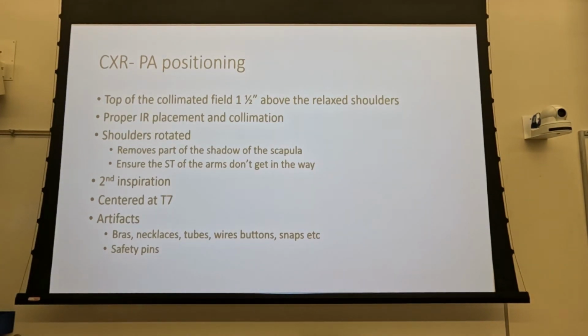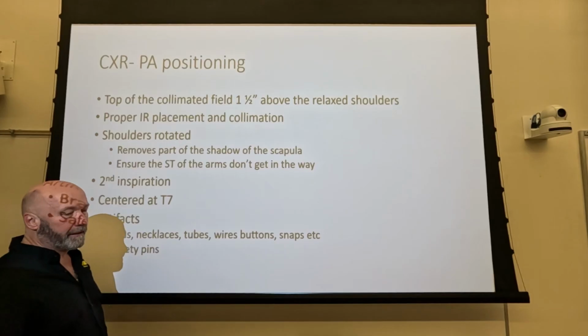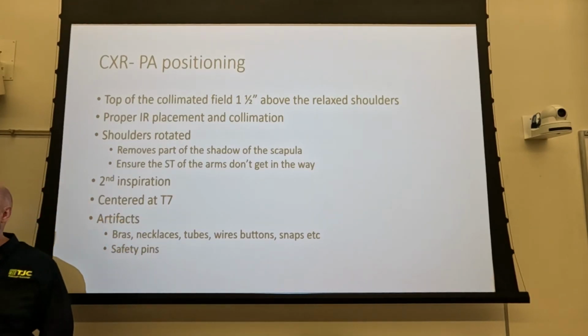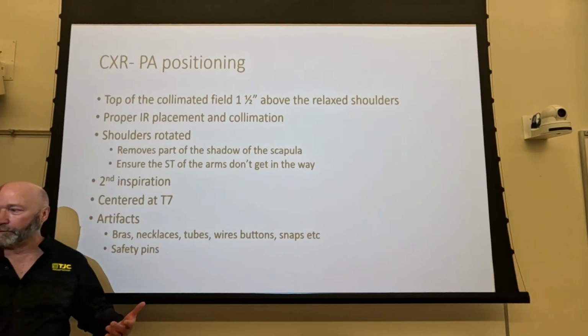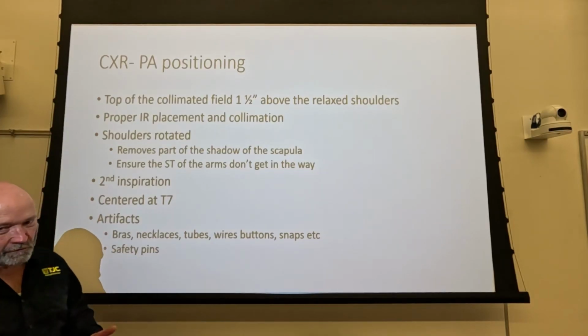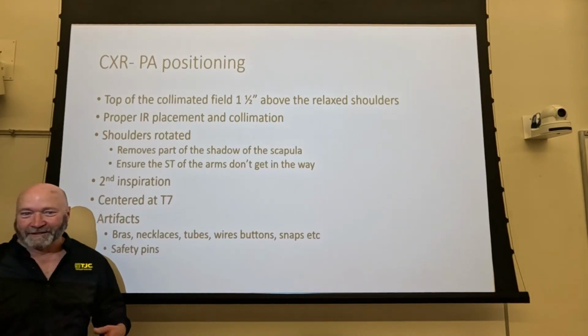All right. So the specifics on the shoulders: you rotate the shoulders, put the hands on the hips, rotate the shoulders, and it removes the shadow of the scapula as much as it can be. It's still going to be there, just not quite so much. It also removes the soft tissues of the arm so that that doesn't get in the way. If you have a patient, and demographics here are usually older patients where the skin gets a little loose, right? You can't grasp that. You will one day.